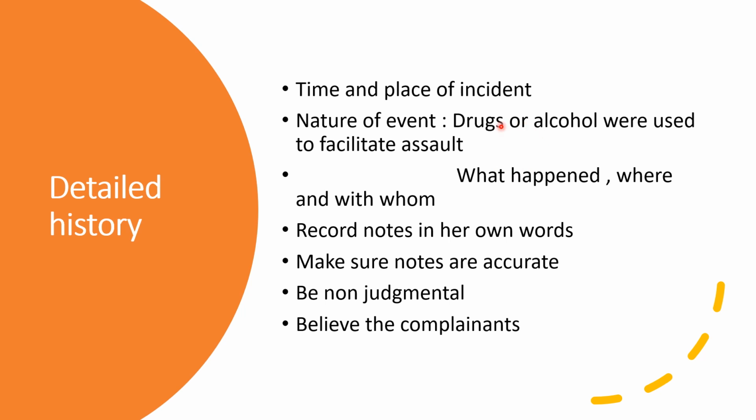So you have to ask regarding the nature of the event, what was the condition of the person who has committed this at that time, what happened, where and with whom, what exactly has happened, and what was the place and who has done this. Either it is a domestic violence case, a sexual assault or rape between a married couple, or it was someone else. So you have to ask exactly what has happened.